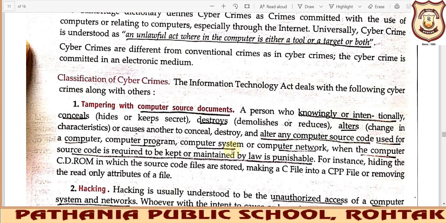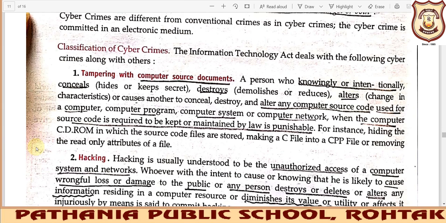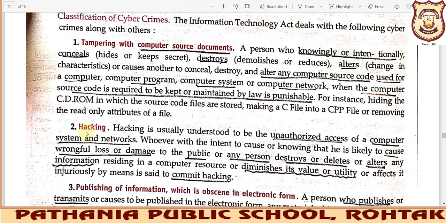This is a punishable act, so it should be avoided. Like someone trying to remove the read only attribute of a file, or someone trying to turn a C file into a CPP file. These are some illegal activities that include tampering with computer source documents, which should be avoided.